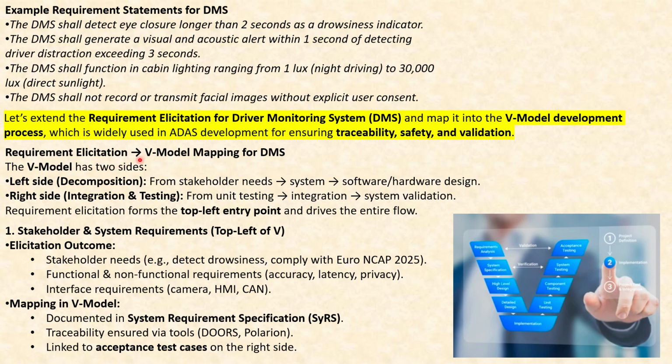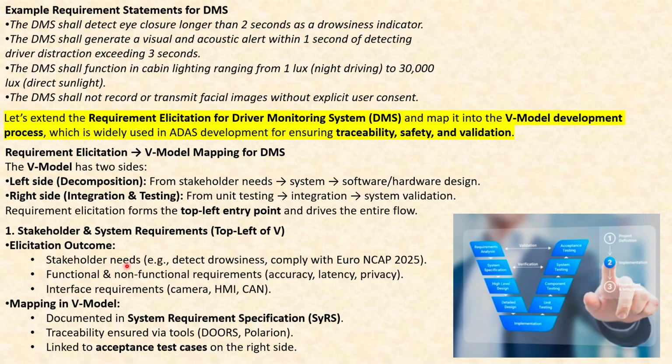Now we will see, from the perspective of V model development for the driver monitoring system, how requirement elicitation happens. The left side is decomposition from stakeholder needs to system and software design, and the right side is integration and testing, from unit testing and integration to system validation. Requirement elicitation forms the top-left entry point and drives the entire flow.